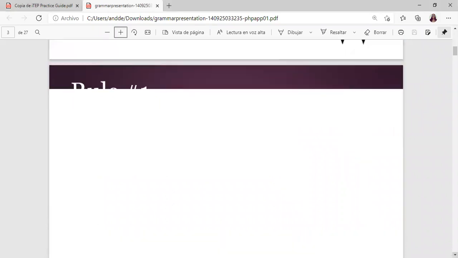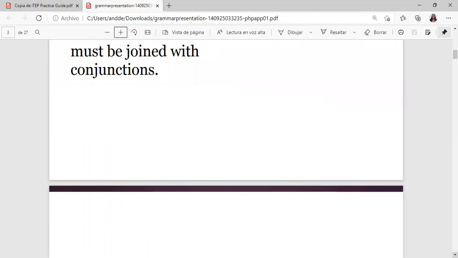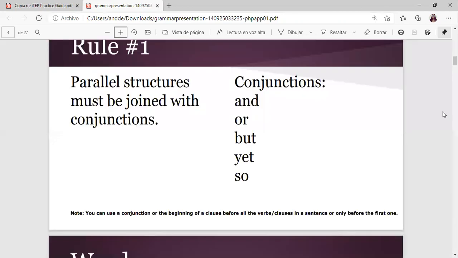Rule number 1: the parallel structures must be joined with conjunctions. For example, conjunctions like for, and, nor, but, or, yet, so. Those are very common.